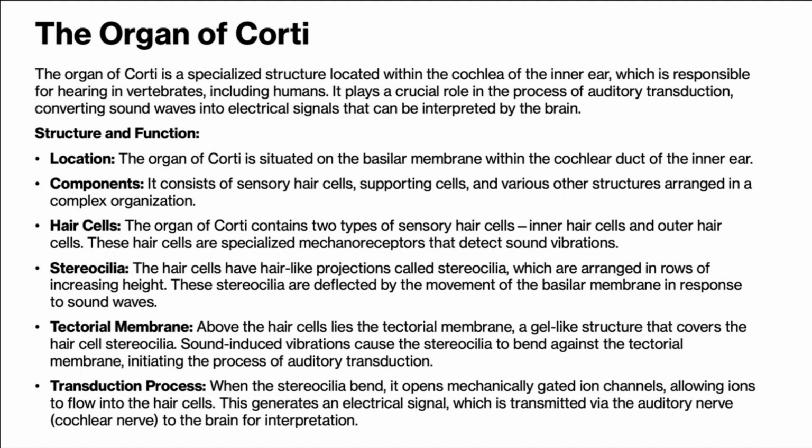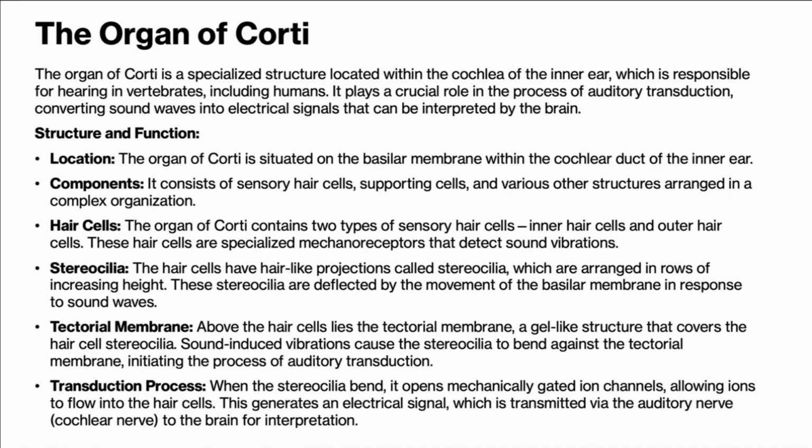These stereocilia are deflected by movement. Whenever sound waves enter the inner ear, they bend the stereocilia a little bit, okay? Above the hair cells, there is the tectorial membrane, a gel-like structure that covers the hair cell stereocilia. When the sound waves bend the stereocilia, this will release a liquid.